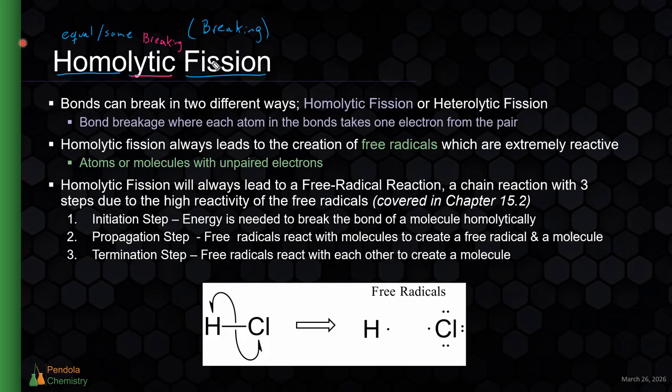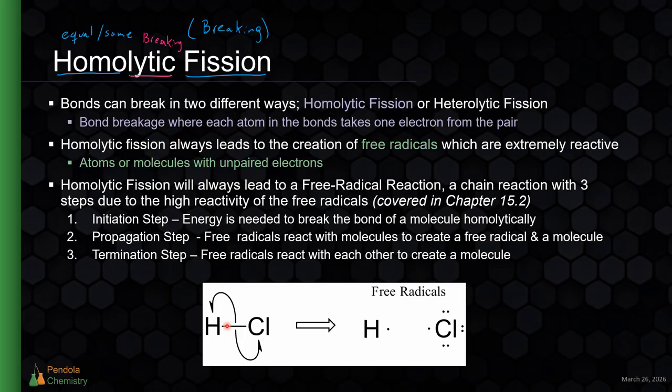So homolytic fission means equal breaking or same breaking. Equal breaking probably makes more sense. During homolytic fission, the bond breaks evenly so that 1 electron from the pair of electrons in the bond goes to each atom that forms that bond.